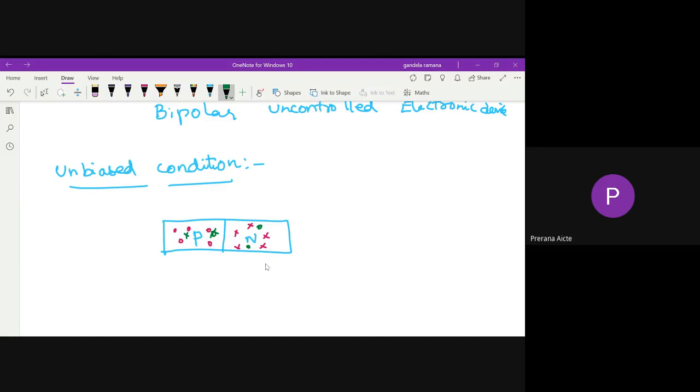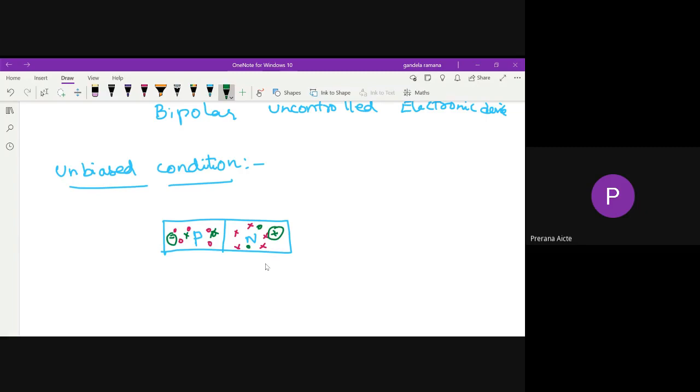Because of P type, negative immobile ions are formed here, and positive immobile ions are formed here. The number of holes is equivalent to the negative ions, and the number of electrons in N type is equivalent to the positive ions.